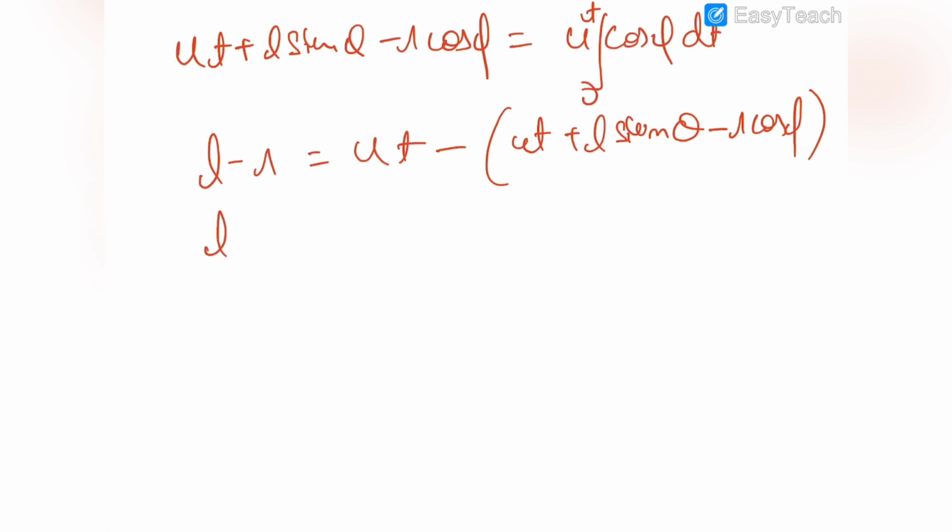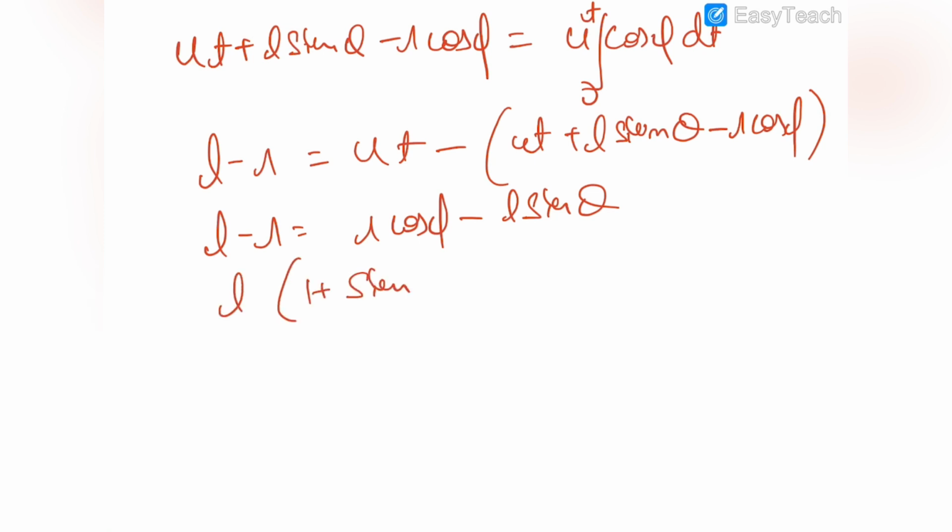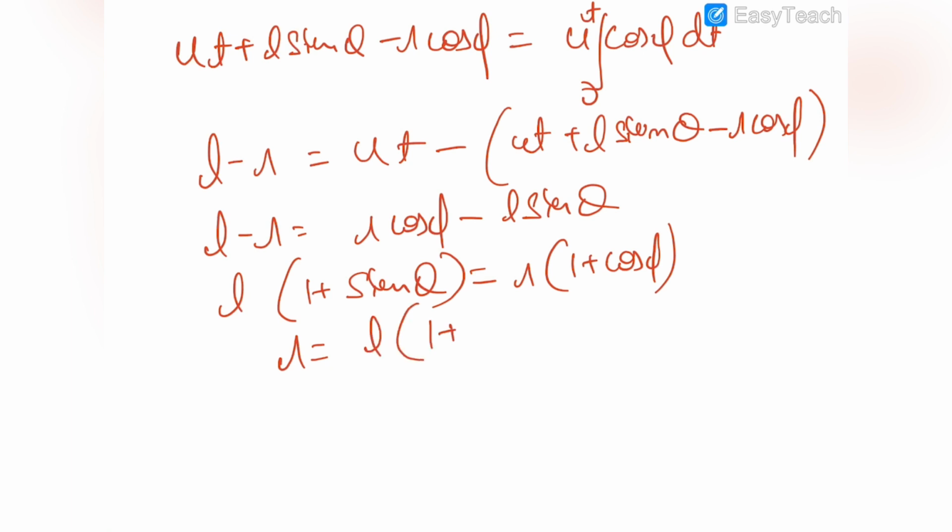So you can see that L minus R is equal to R cos phi minus L sine theta. We have to find out R. So L(1 plus sine theta) is equal to R(1 plus cos phi). So R is equal to L(1 plus sine theta) upon (1 plus cos phi).